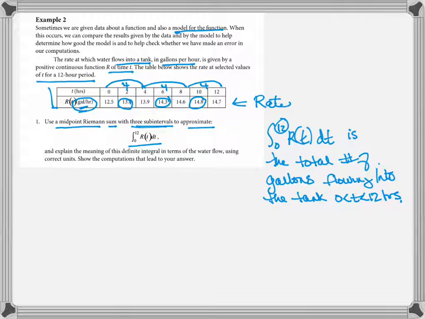So the integral from 0 to 12 of r(t) dt is approximately equal to, and then you just add these up. It's not asking for any average, so you should get a total. So let's say it's 4 times 13.4 plus 4 times 14.3 plus 4 times 14.8.